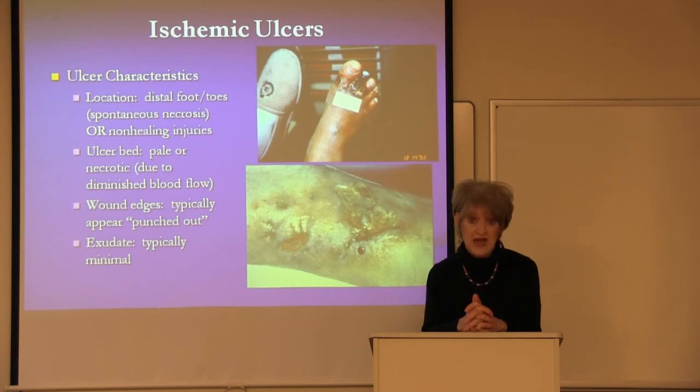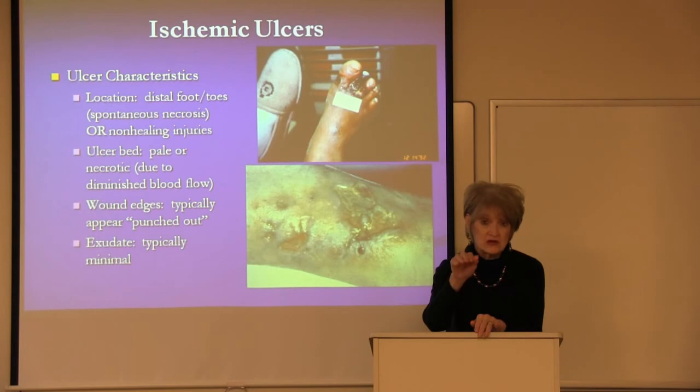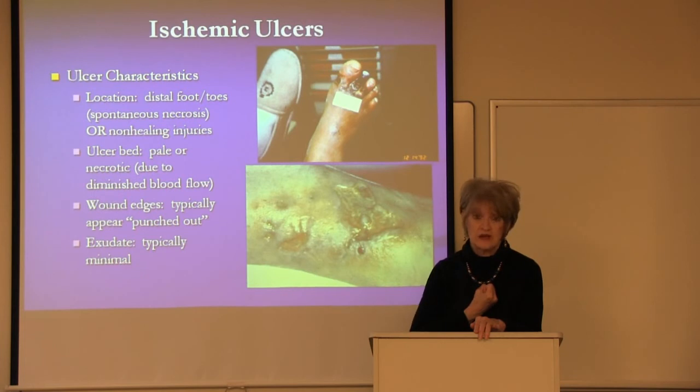And then think about the fact that the toes are at the most distal point from the original source, the heart. If you are going to develop spontaneous necrosis, it's almost always going to involve the toes or the distal foot, because that's the area furthest from the heart.